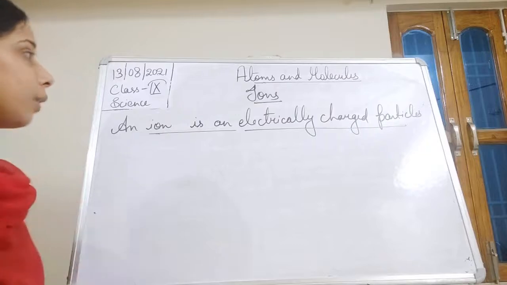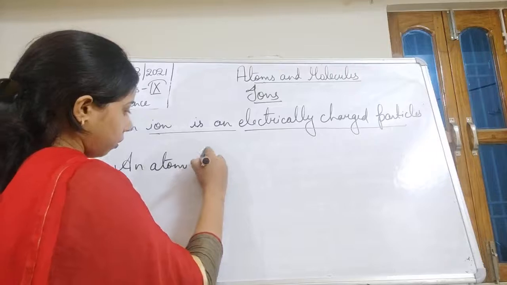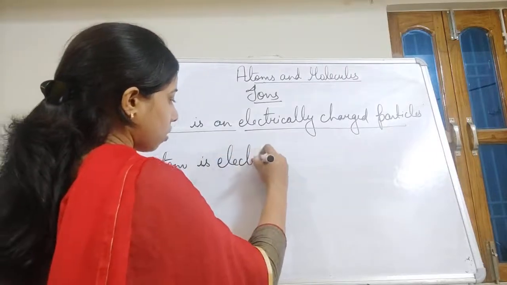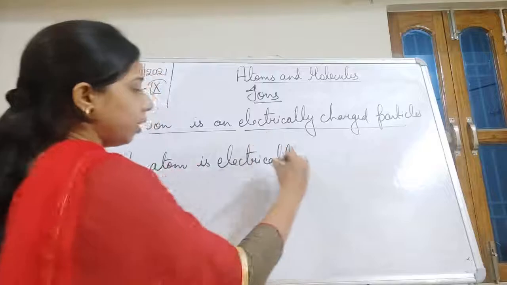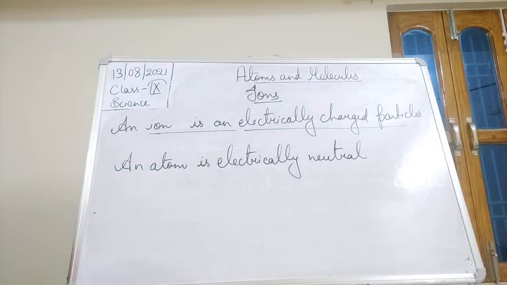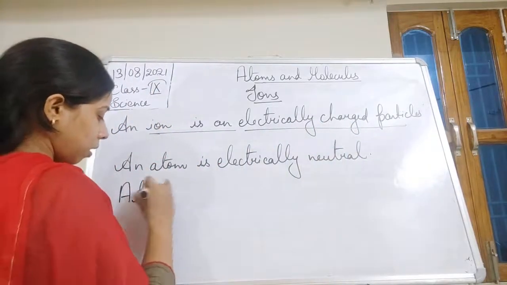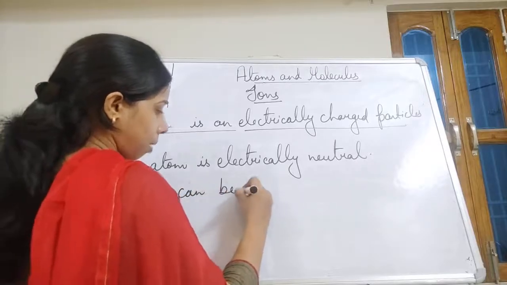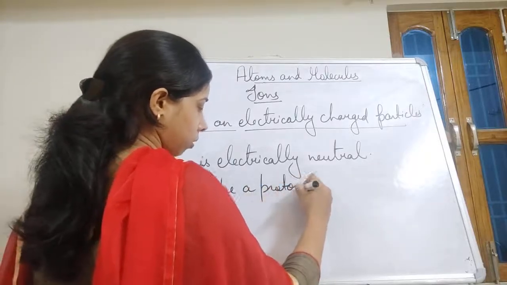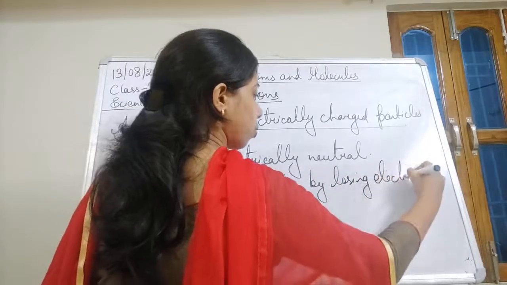So we can say here that generally an atom is electrically neutral. An atom can become a proton by losing electrons.